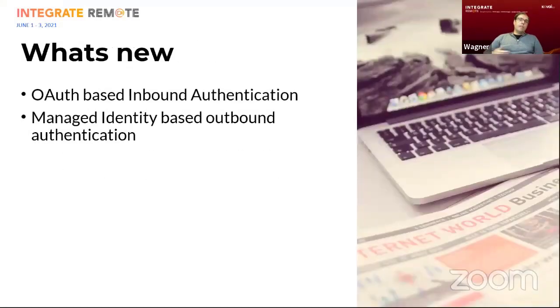What's the story now? Compared to what we had before, now we have OAuth-based inbound authentication, specifically on Consumption. That has been there for a little while, but there were not many people looking at that from what I noticed on Twitter and some other places. We also have the ability to use managed identities when you want outbound authentication.